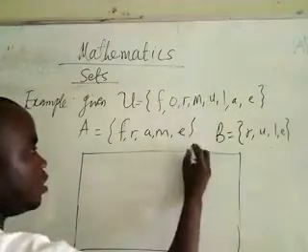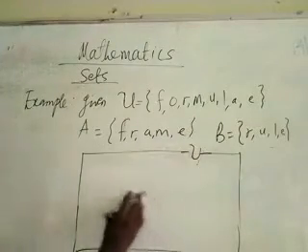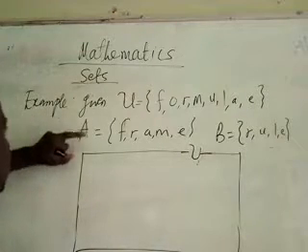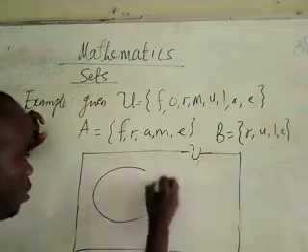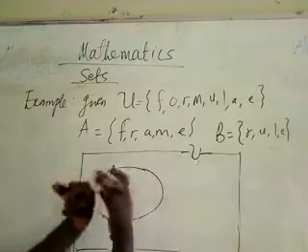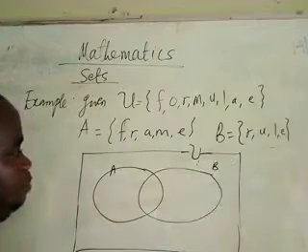Let me make it small. All the elements of the universal set are what you're going to be placing here. So I'm going to make that for my A. This is my A here. And because the sets have an intersection, they are going to intersect. And this is my B.